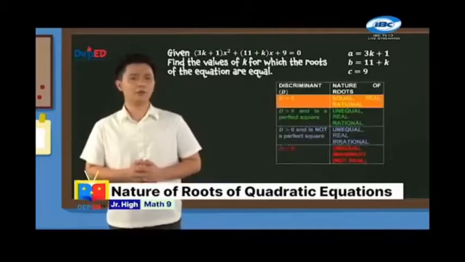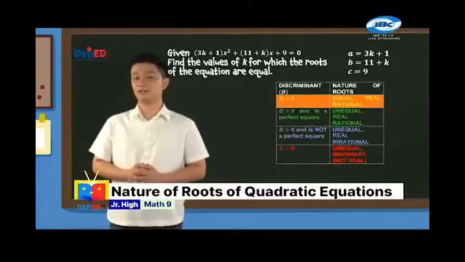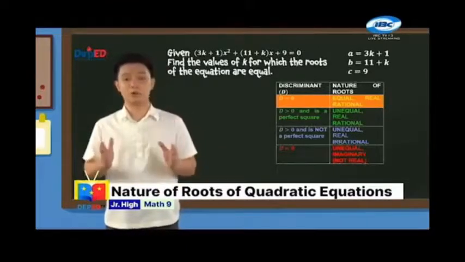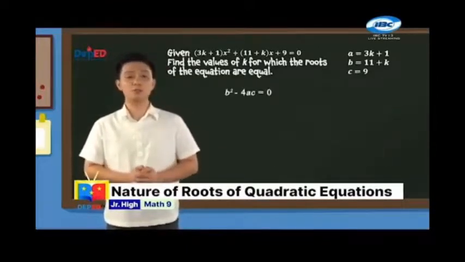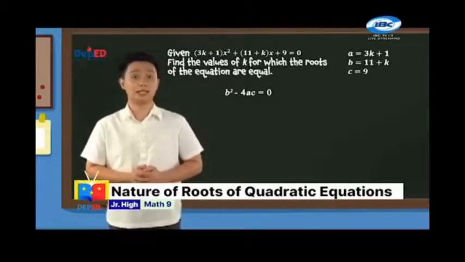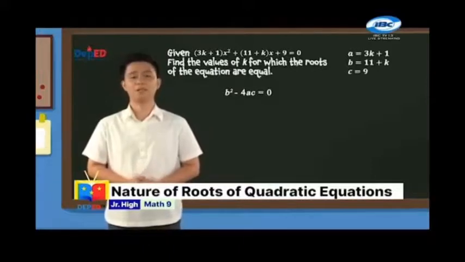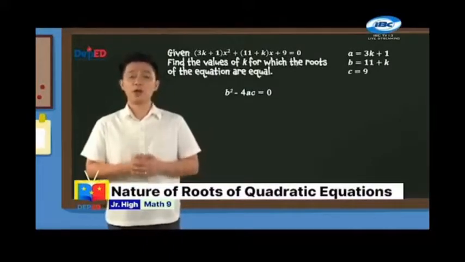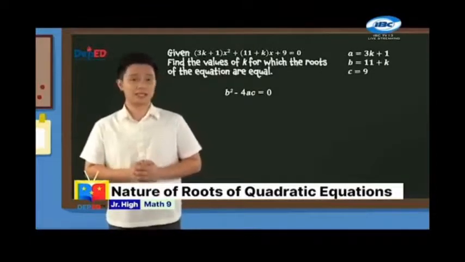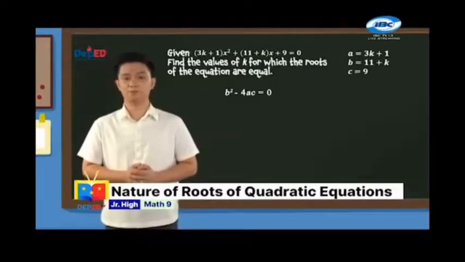Recall that if the roots are equal, which means that the roots are also real, the discriminant must be 0. So, it also means that b squared minus 4ac is equal to 0. By substitution, what equation can be written for the discriminant that must be set equal to 0?